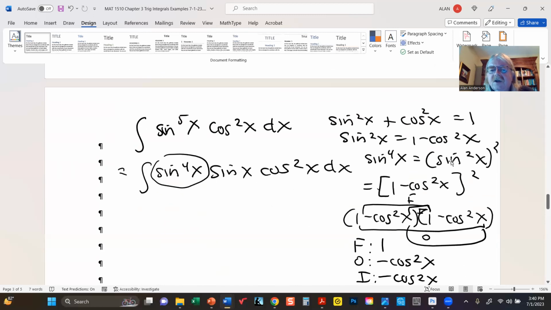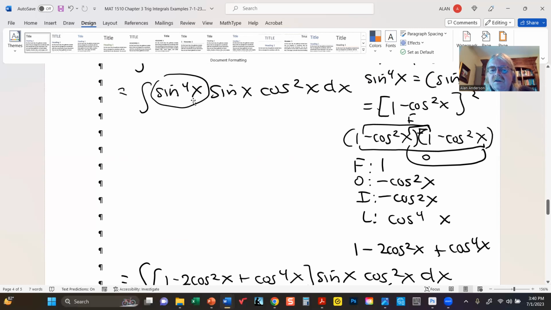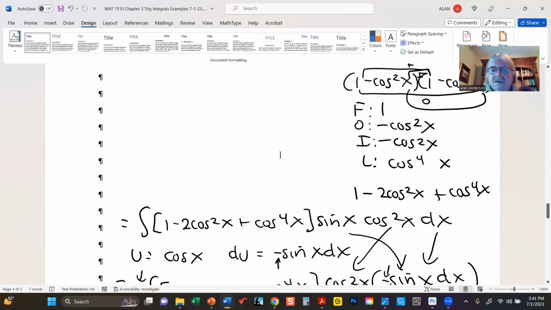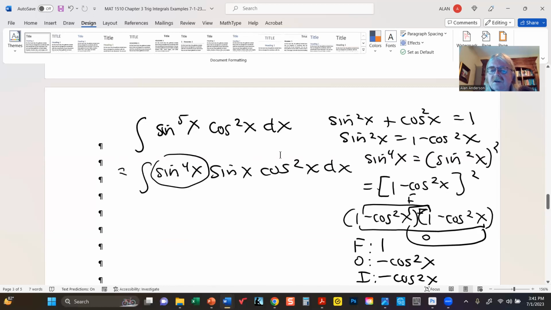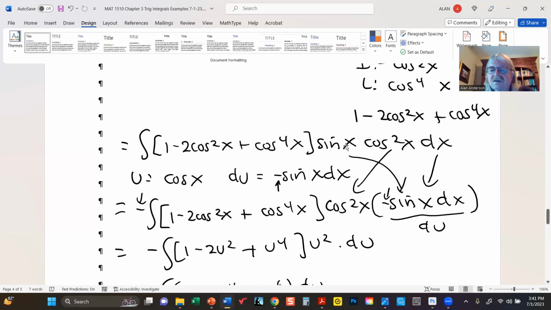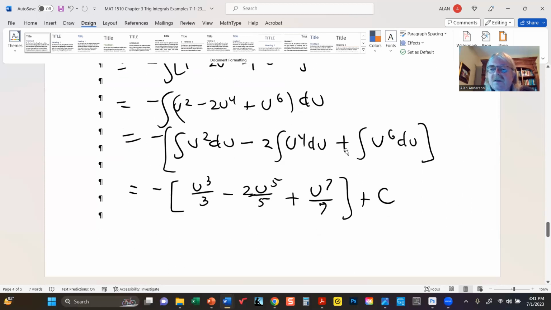The idea here is to try to reduce this all to either all cosines or sines, except for the sine that you need for the du. Okay, so in other words, the sine to the fourth was replaced with a squared Pythagorean identity. And then once that was done, by choosing u to be the cosine, we have everything we need. Du is this sine x with the negative. And so by doing some algebra and applying the power rule, we end up with our answer.